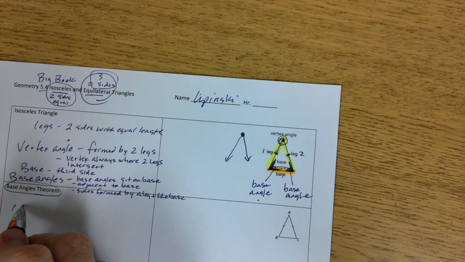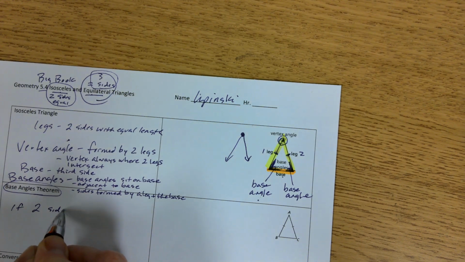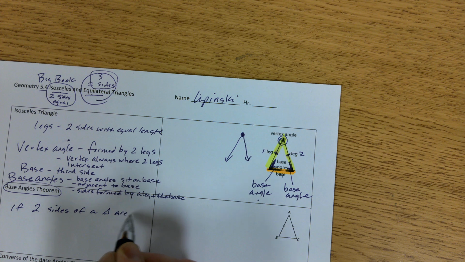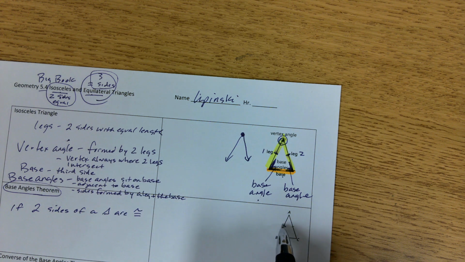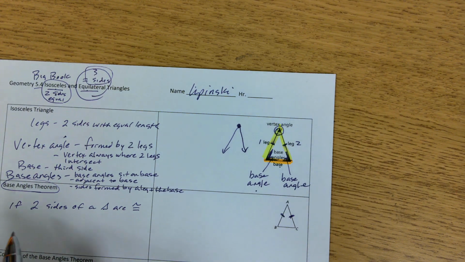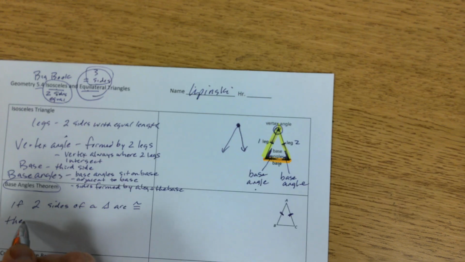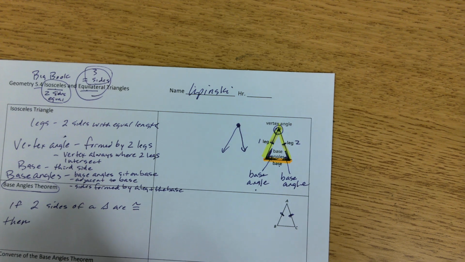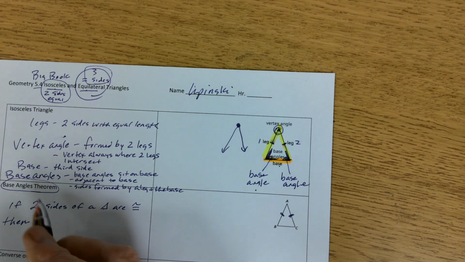It goes like this. If two sides of a triangle are congruent, which I have here, two sides are congruent, then the angles opposite the two sides are congruent.